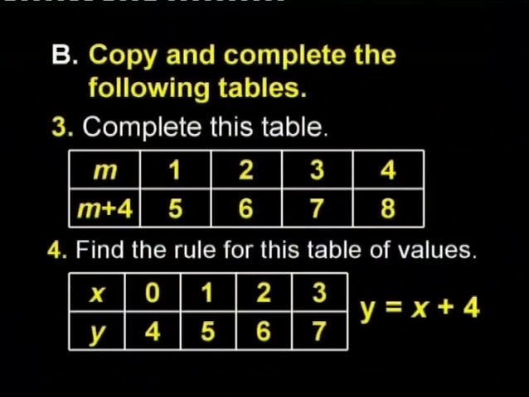That is the value of y. 1 plus 4 gives you 5. 2 plus 4, 6. And 3 plus 4 will give you 7. Okay, so your rule should look like this: y is equal to x plus 4. You are adding 4 each time to the value of x.